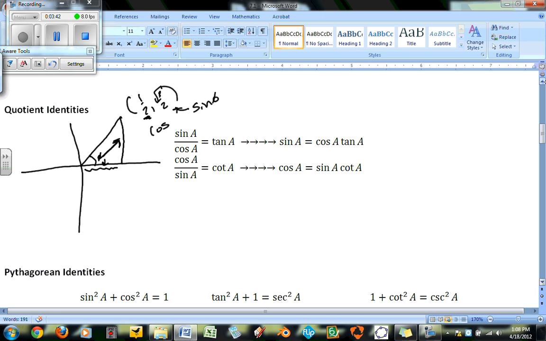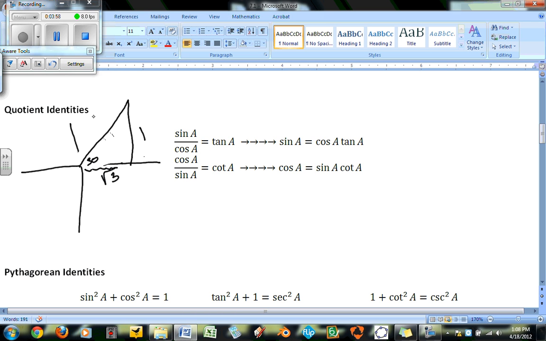So let's just make this triangle that I drew here a 30, 60, 90 triangle, and we'll give it a reference angle of 30 degrees. We know our 30, 60, 90 is 1, square root of 3 down here, and 2 up top. So the sine of 30 degrees is 1/2, opposite all over hypotenuse.